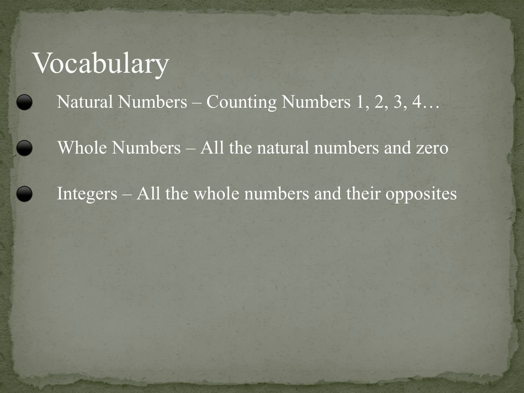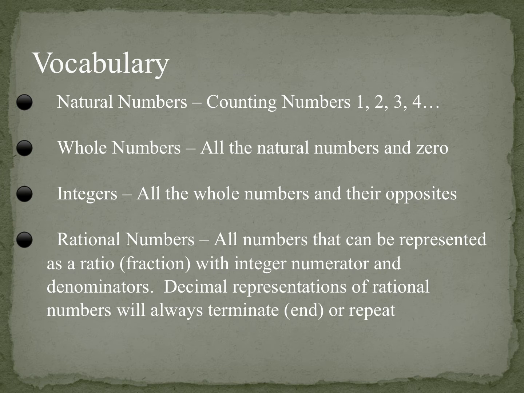Then we have integers. Integers are all of those above them, all of the whole numbers and natural numbers, plus their opposites. This is where the negative numbers come in. Remember that all of those go into another category called rational numbers.